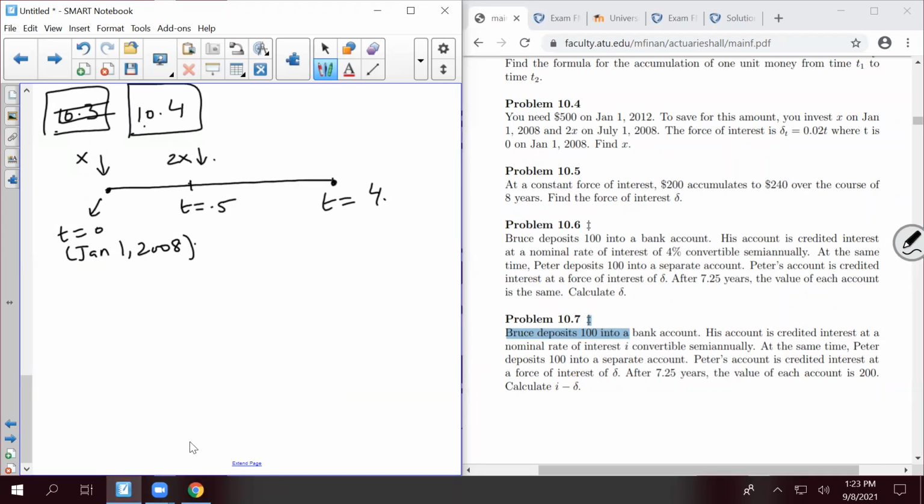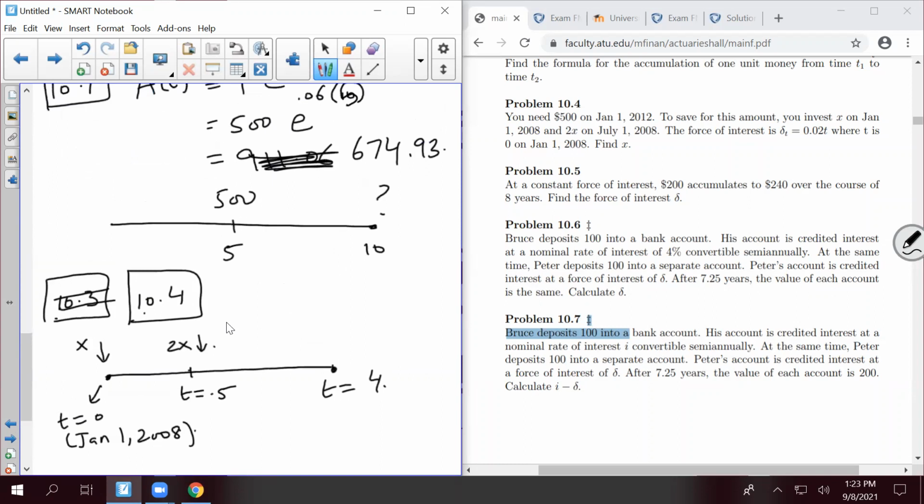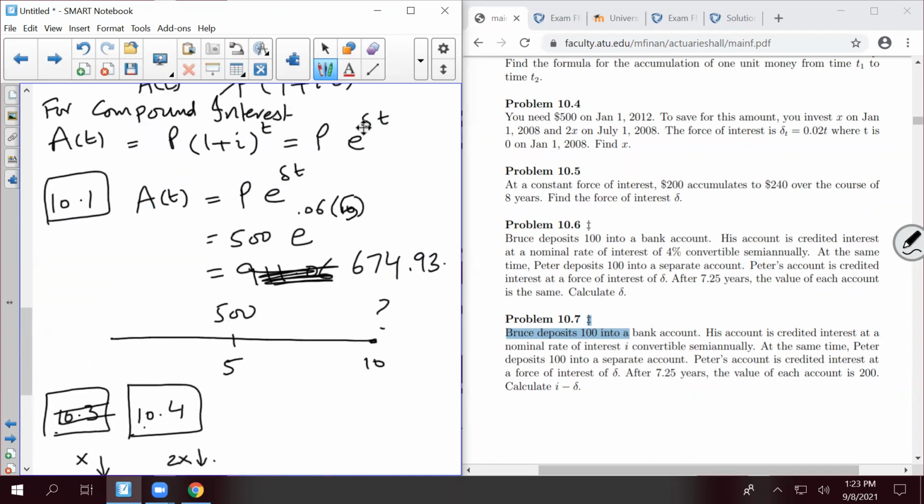So now we had that formula in case of constant force of interest, P e to the delta t.